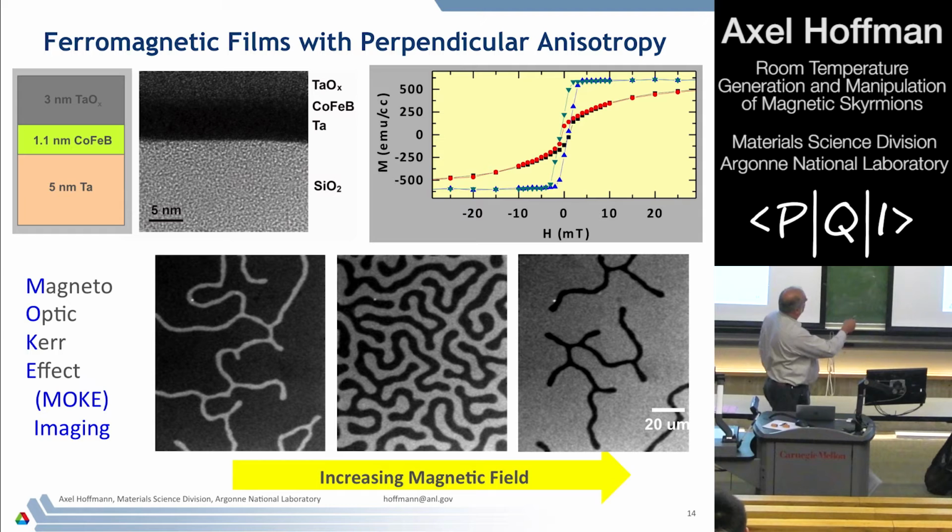By having tantalum underneath, we get then a Dzyaloshinskii-Moriya interaction at this interface. And also, as you will see in a moment, it helps us to manipulate the magnetic textures with electric currents.